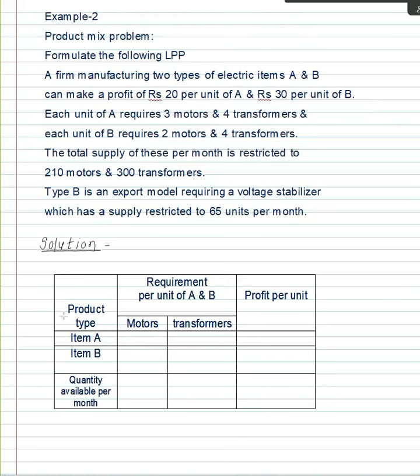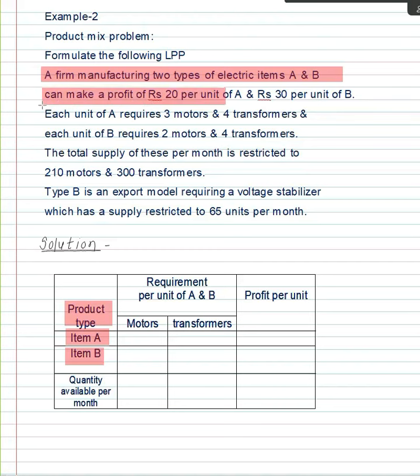A firm is manufacturing two types of product, item A and item B. It is given that a firm can make a profit of rupees 20 per unit of A and a profit of rupees 30 per unit of B. This is the last column, profit per unit.